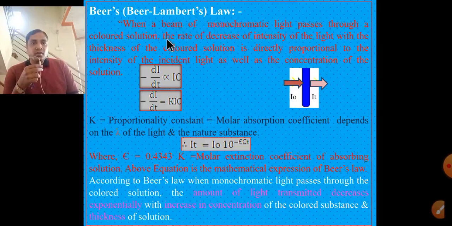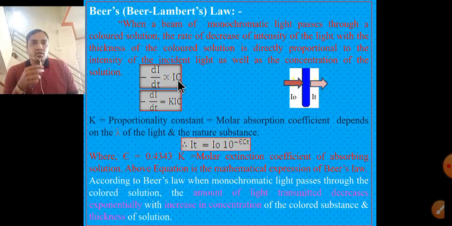Lambert's law depends only on the absorbing medium, but in Beer's law, when a beam of monochromatic light passes through a colored solution, the rate of decrease of intensity of the light with the thickness of the colored solution is directly proportional to the intensity of incident light as well as the concentration of the solution.